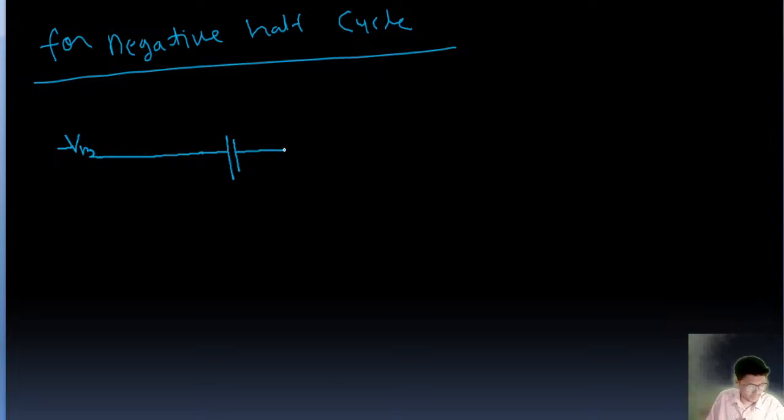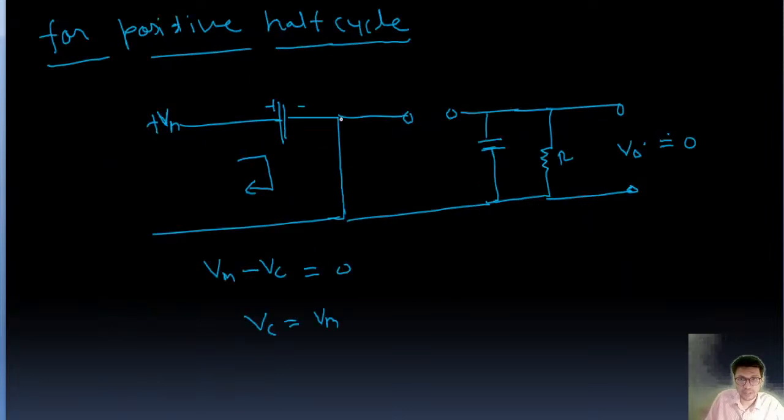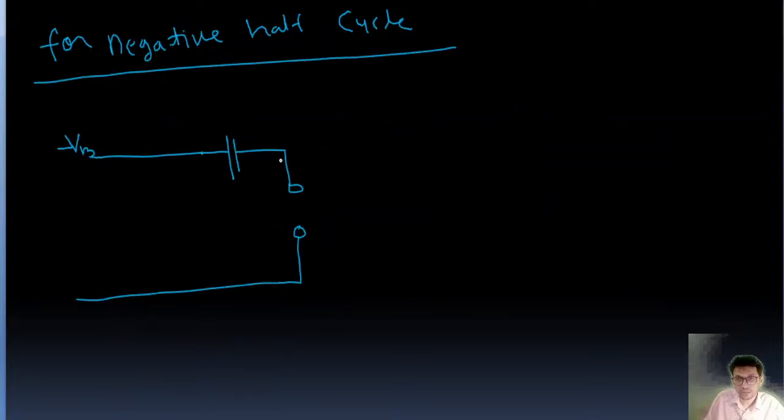This will be open circuited, because it is reverse biased, and this is forward biased, which works as a short circuited wire.